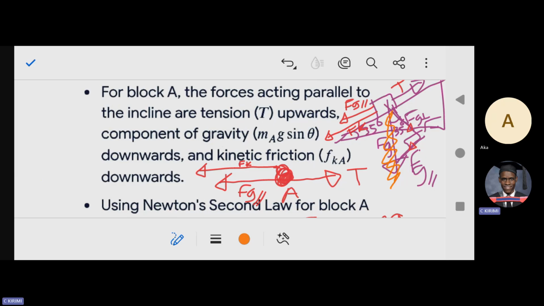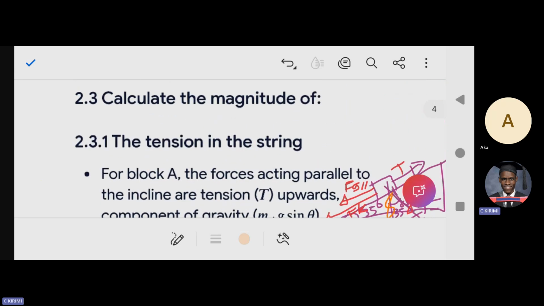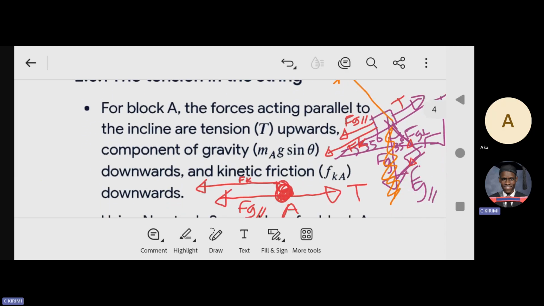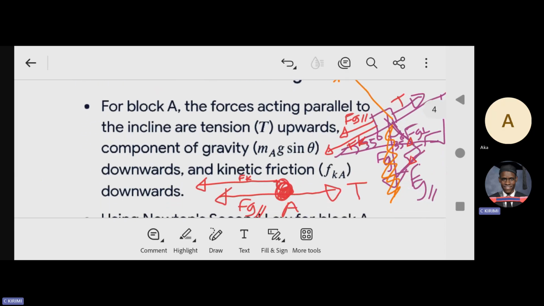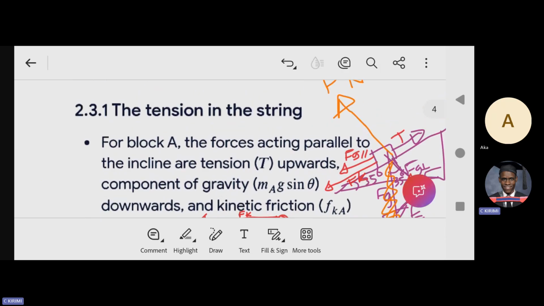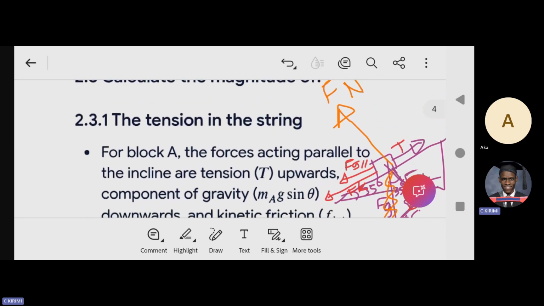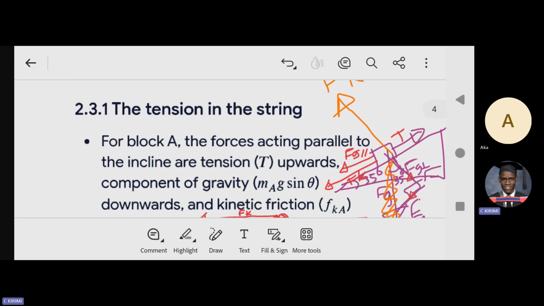So that you only have the X forces, which are only acting in the X, and forces which are acting in the Y. Your Y will be the normal force, which is going to come here, which will be your Fn. So the Fn should be equal to mg, which is the FG perpendicular, because these are the only two forces acting in the Y. The sum of all forces in the Y is 0, because there is no movement in the Y. That's why the normal force and the FG perpendicular are equal.